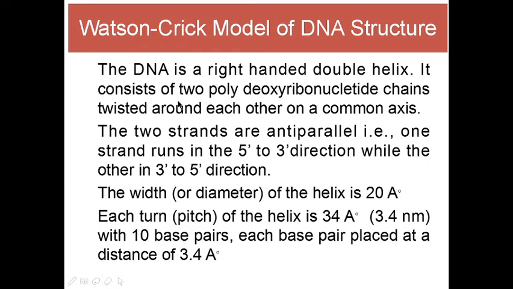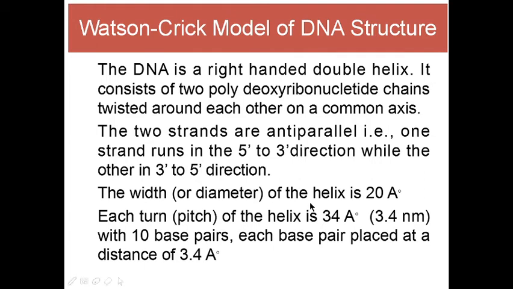It consists of two polydeoxyribonucleotide chains twisted around each other on a common axis. The two strands are coiled around a central axis and run anti-parallel to each other. That means one strand always runs in the 5' to 3' direction and the other strand runs in the 3' to 5' direction.